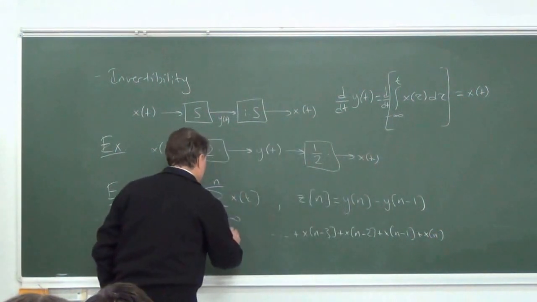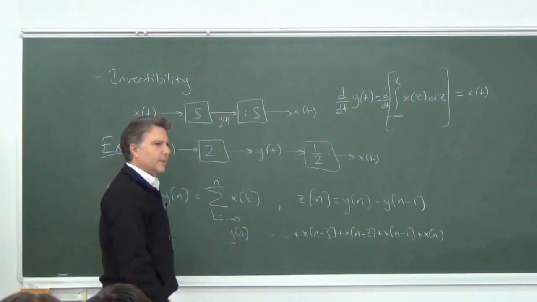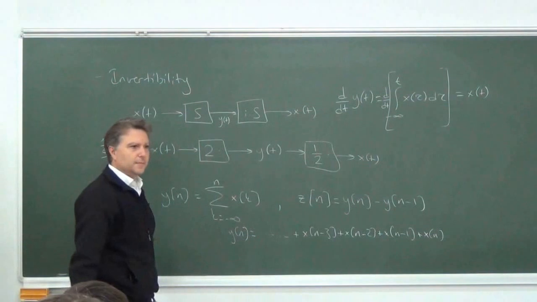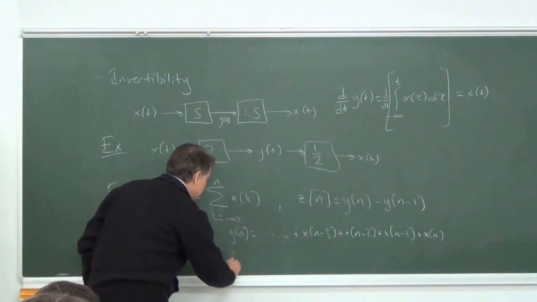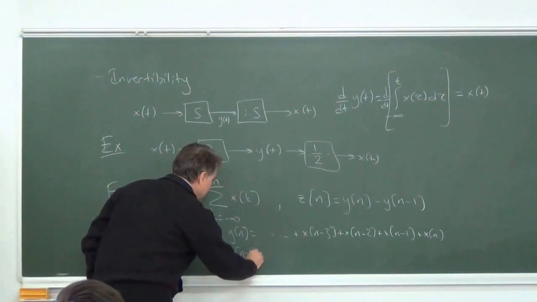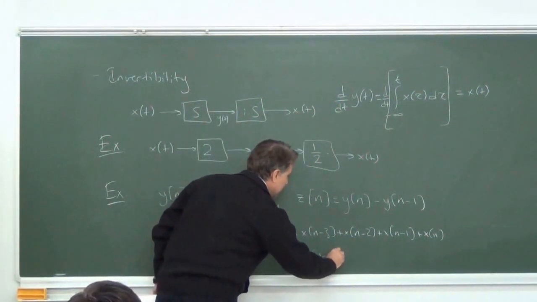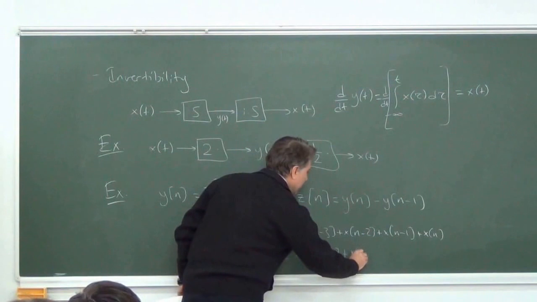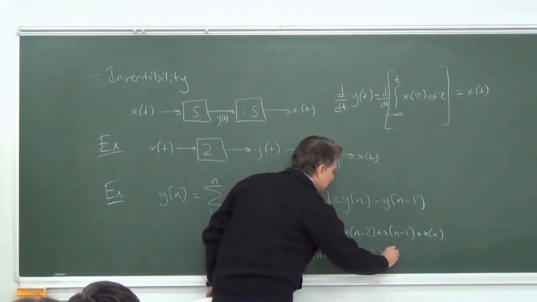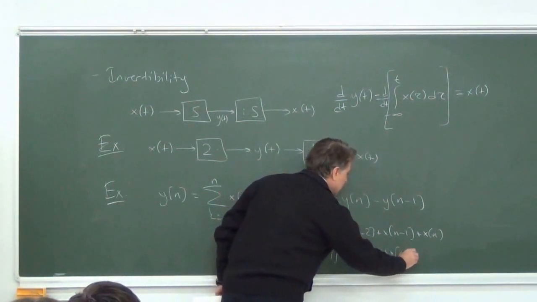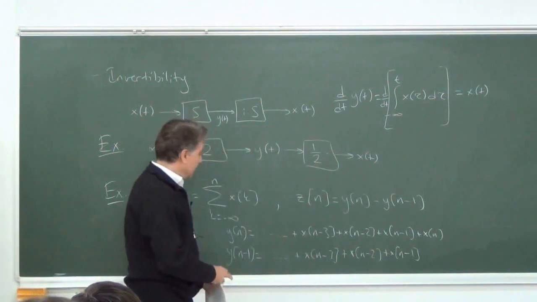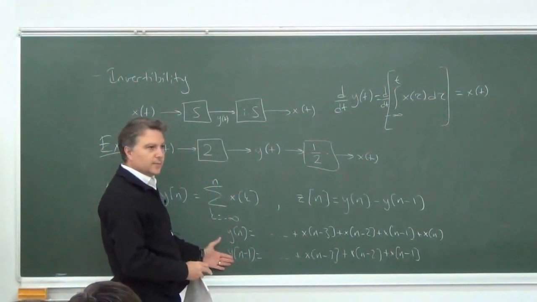This is y of n, isn't it? What is y of n minus 1? That's equal to dot dot dot plus x of n minus 3 plus x of n minus 2 plus x of n minus 1. Stop, because it's up to n minus 1.